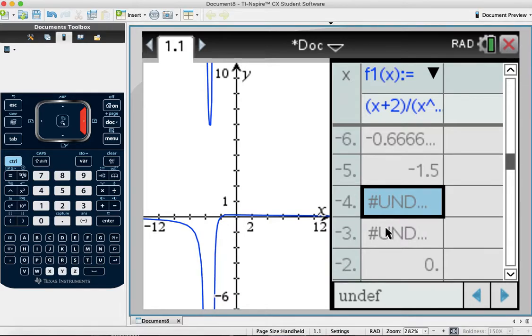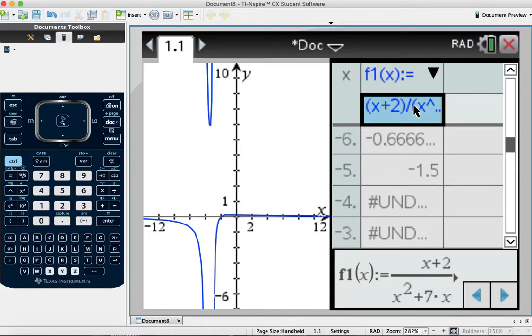So these 2 are the vertical asymptotes, when x is equal to minus 4, and when x is equal to minus 3. Because if you think about your function, if you were to put minus 4 into it, then you've got minus 4 squared, which is going to give you 16, plus 7 times minus 4, which is minus 28.